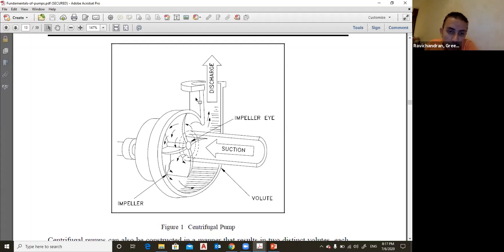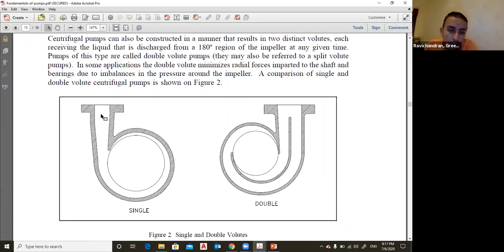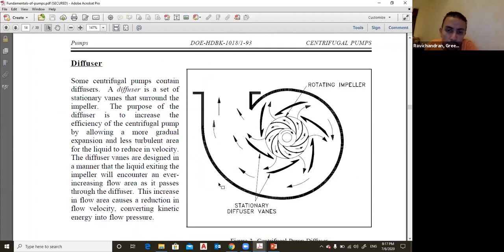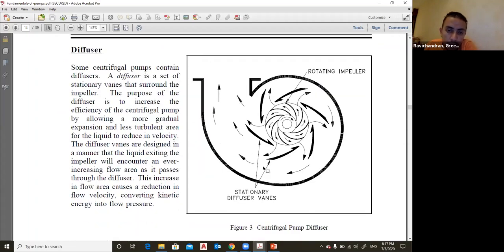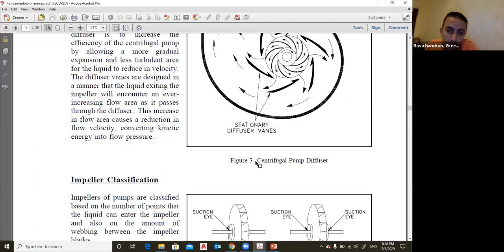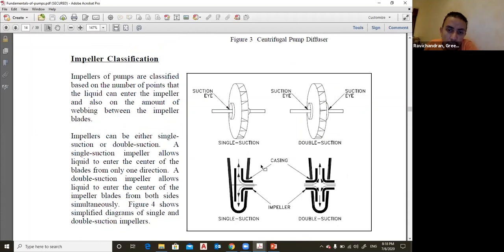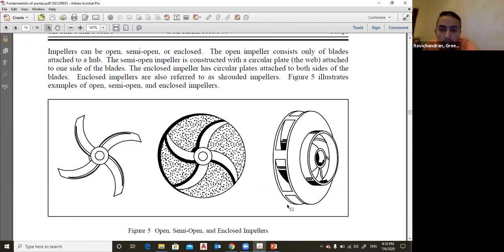This casing is called the volute, and the definition of the casing is important. Here we mention the single volute, and here the double volute. Small information: the diffuser is just to guide the flow. Impellers are classified by suction type, single suction or double suction. Also, we can say it is an open impeller, semi-open or closed impeller according to the design.